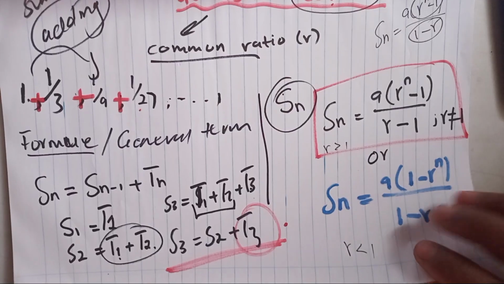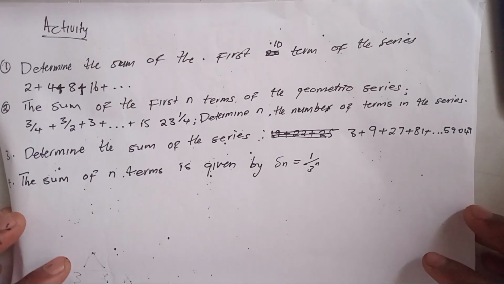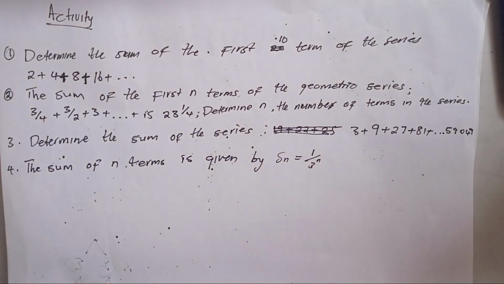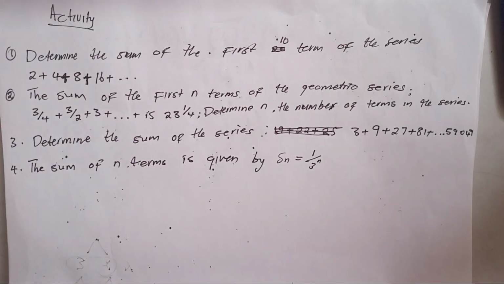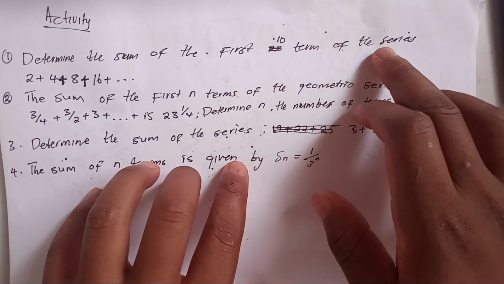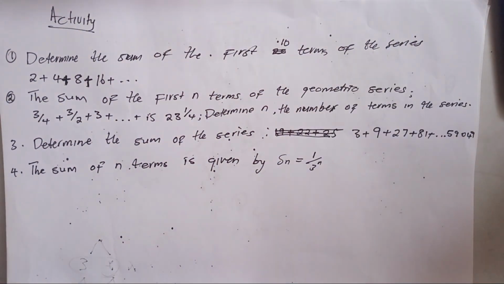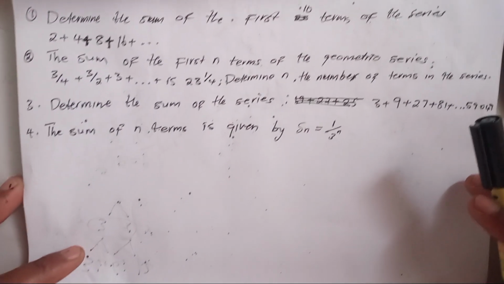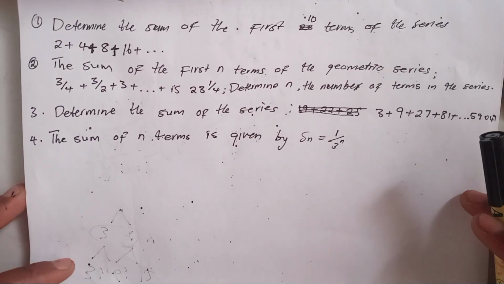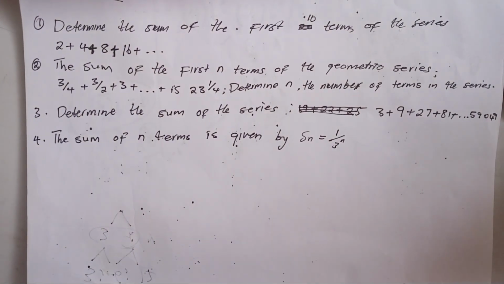So let's try to work on some activities. The first question is an activity on geometric sequence series. It says determine the sum of the first 10 terms of the series. We have our series like this one. So how are we going to answer this question? We are looking for the sum of the first 10 terms.